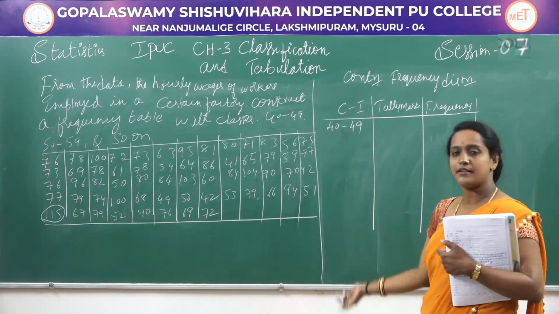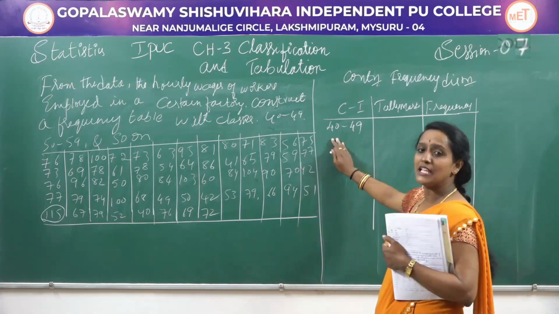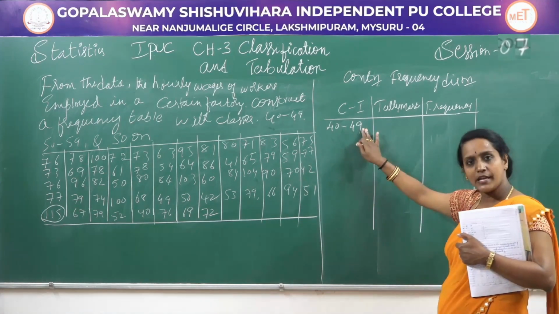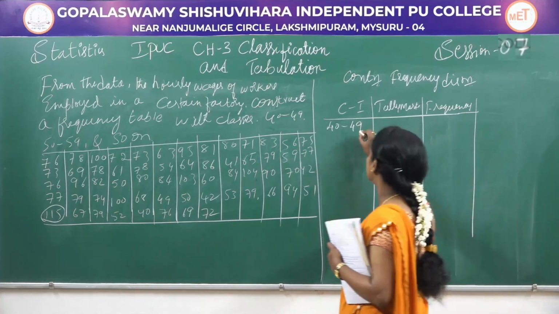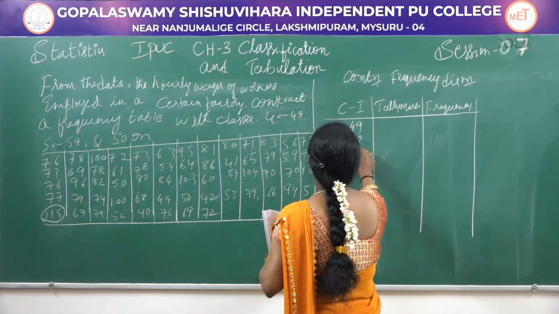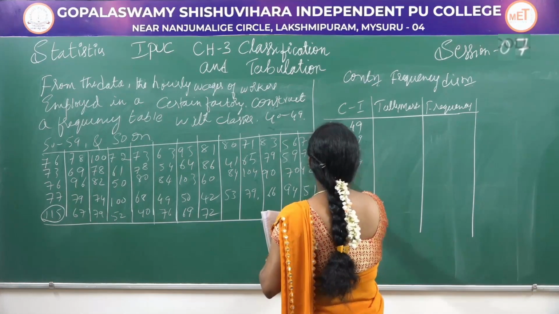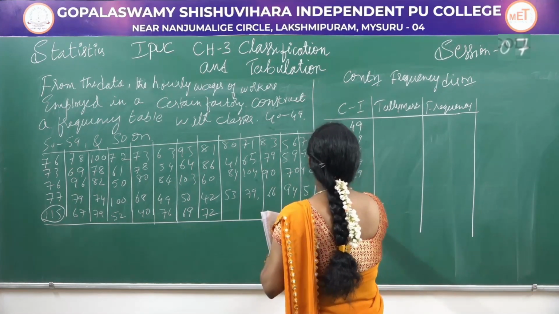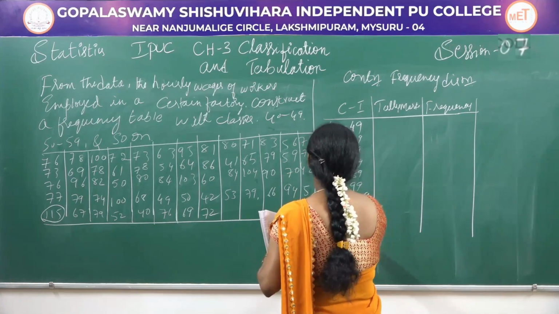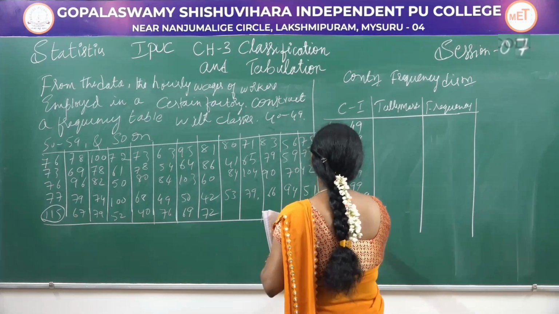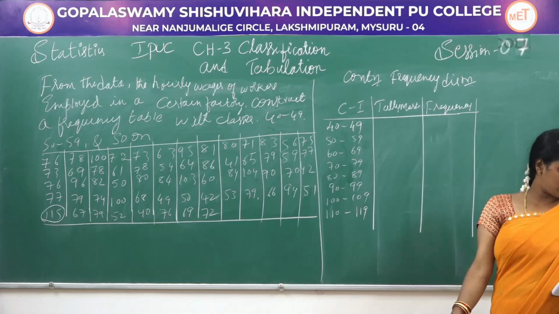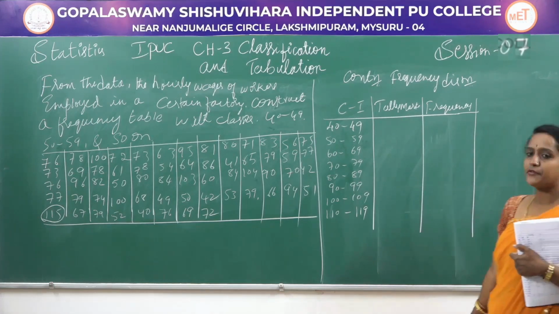This is an inclusive type of class interval, so the upper limit is also included in the same interval. So 40 to 49, 50 to 59, 60 to 69, 70 to 79, 80 to 89, 90 to 99, 100 to 109, 110 to 119. This is how the class intervals have to be written.